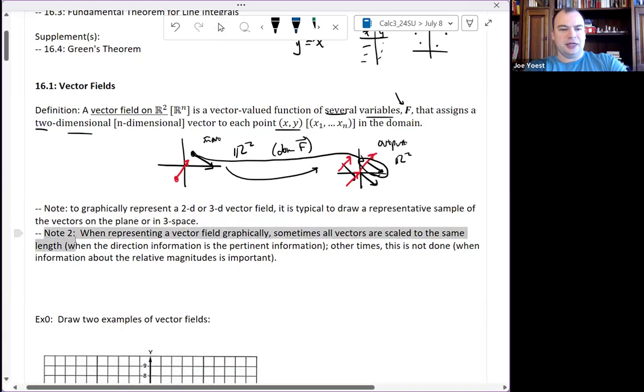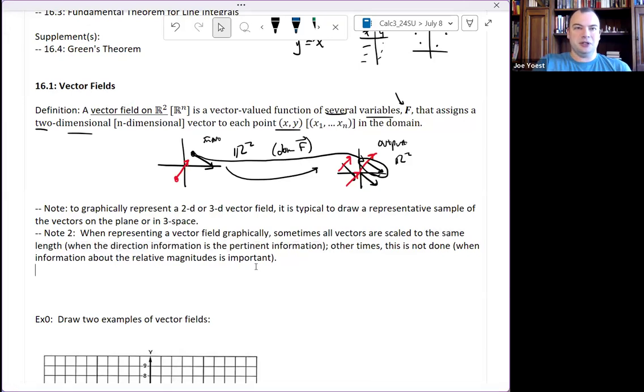A second note is there's a bit of a context issue here. Sometimes when we make a vector field, we scale all the vectors to the same length, when it's really the direction information that we're more interested in than the magnitude information. And sometimes this is not done. So sometimes we keep the vector lengths proportional to one another.